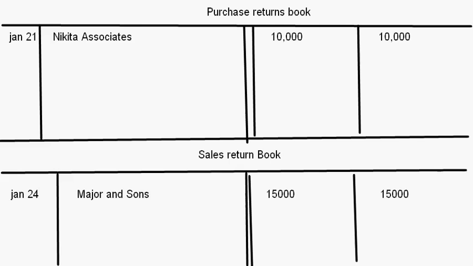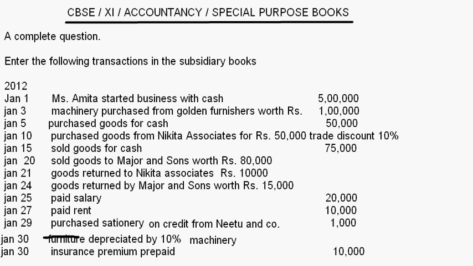Then there is one more entry here, one more transaction, insurance premium prepaid. When the insurance premium is prepaid, you are giving an expense in advance, right? Okay. So that is, prepaid insurance will be debited and insurance account will be credited. Fine.